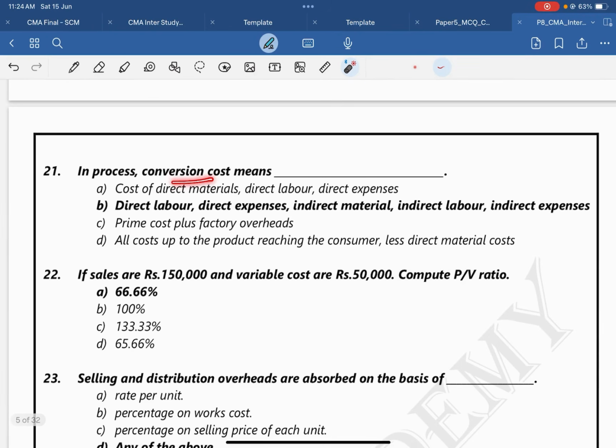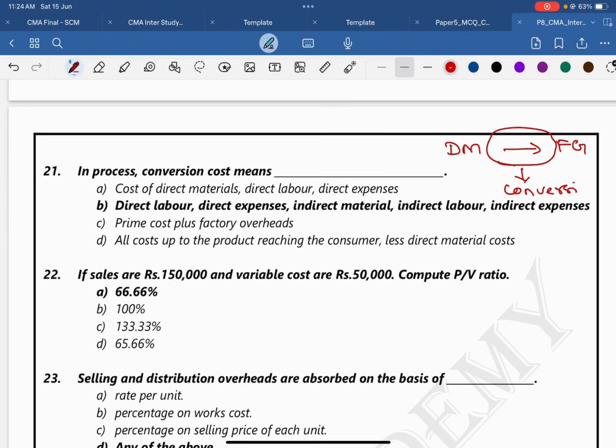21. In a process, conversion cost is nothing but, from direct material to finished goods, whatever is in between is known as conversion cost. So what is all included? Direct labor, direct expense, indirect material, indirect labor, indirect expense.